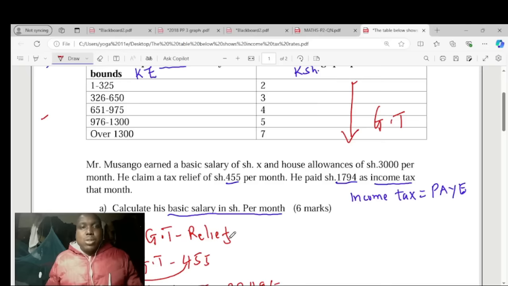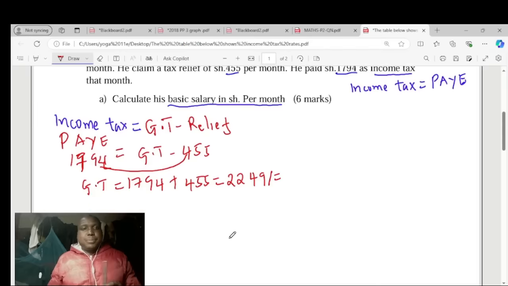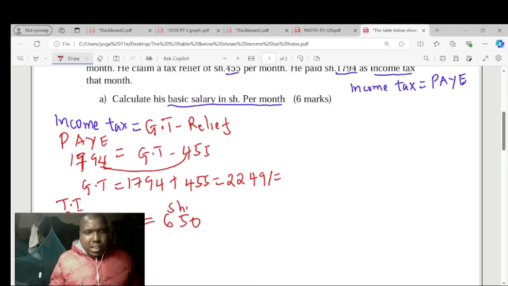So let's go back to our table. The first slab, the first band ni 325. So 325 times 2 will be equal to 650. And this one is in Kenya shillings. And this is taxable income.